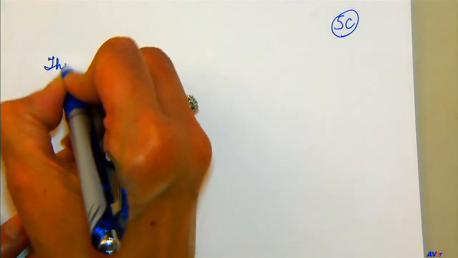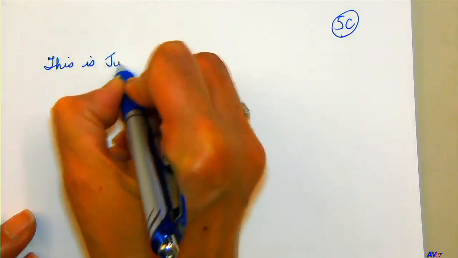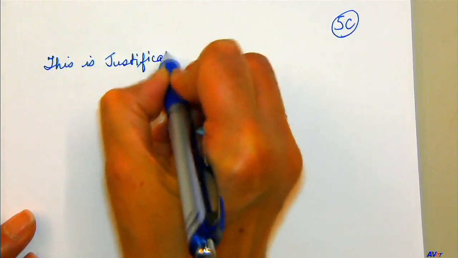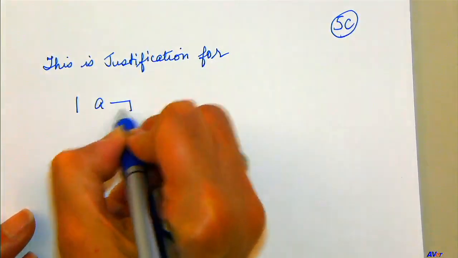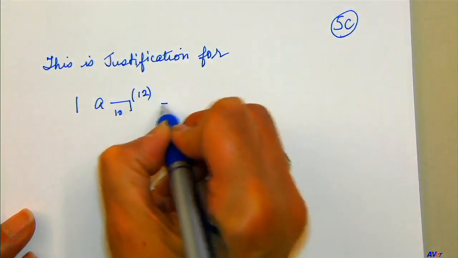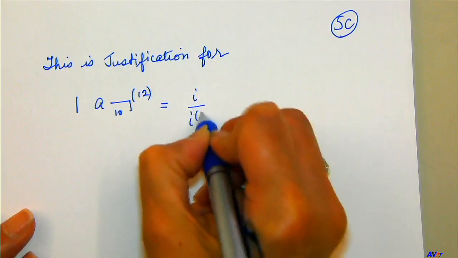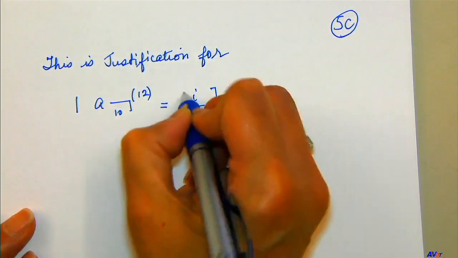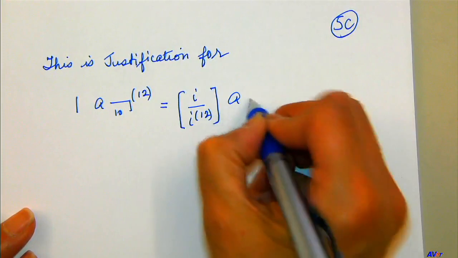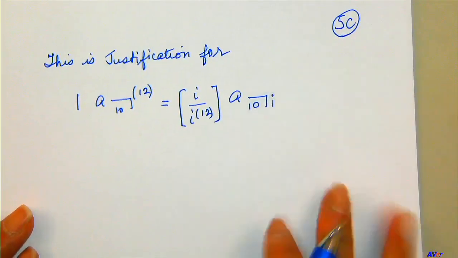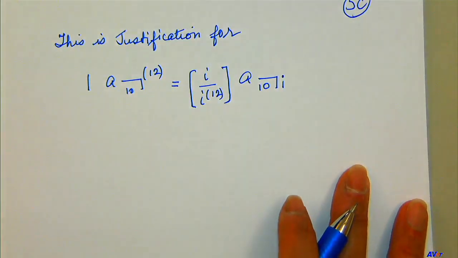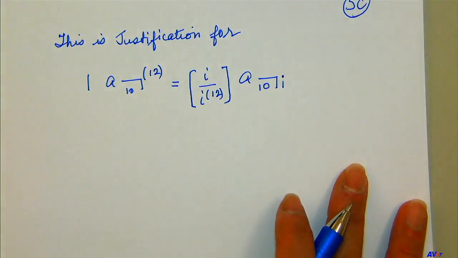This is the justification for the annuity a angle 10 at i^(12) equaling i over i^(12), my one payment, a angle 10 at i. Right? So I just finished showing that one payment of i over i^(12) is equal to the monthly payments of 1/12 each.